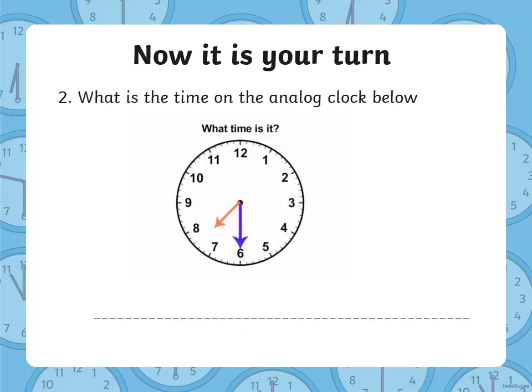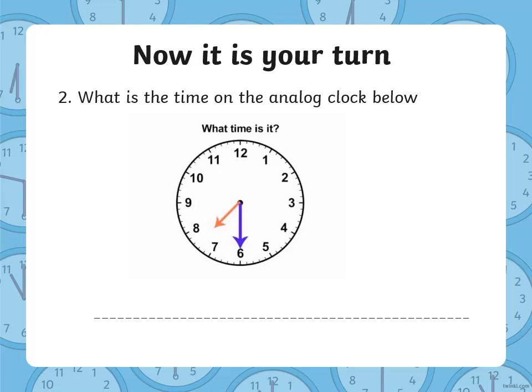Next, what is the time on the analog clock below? What time is it? Now remember our word wall from the very beginning of our PowerPoint. We had a word wall and we need to use those words here. What words are we going to be looking for when we're writing our time?